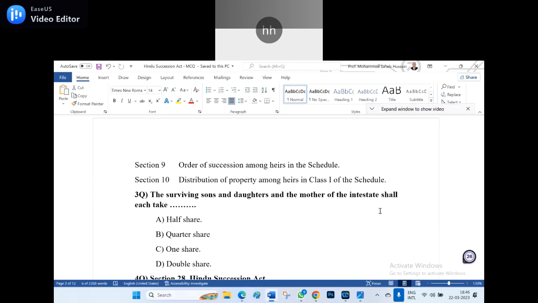Yes, unmute and read the third question. The surviving sons and daughters and the mother of the intestate shall each take: A, half share; B, quarter share; C, one share; D, double share.